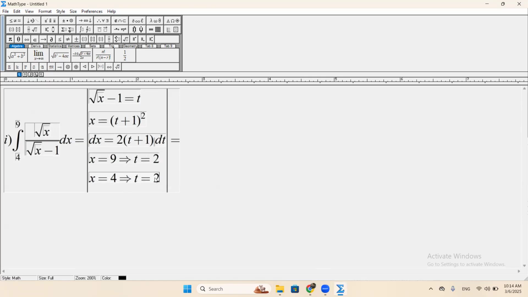When x equals 4, t equals 2. With this substitution it would be easier, since we substitute the denominator completely.